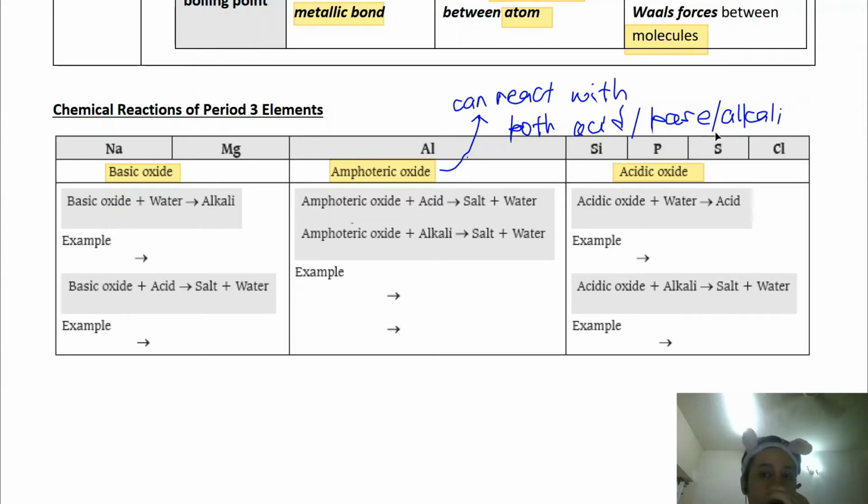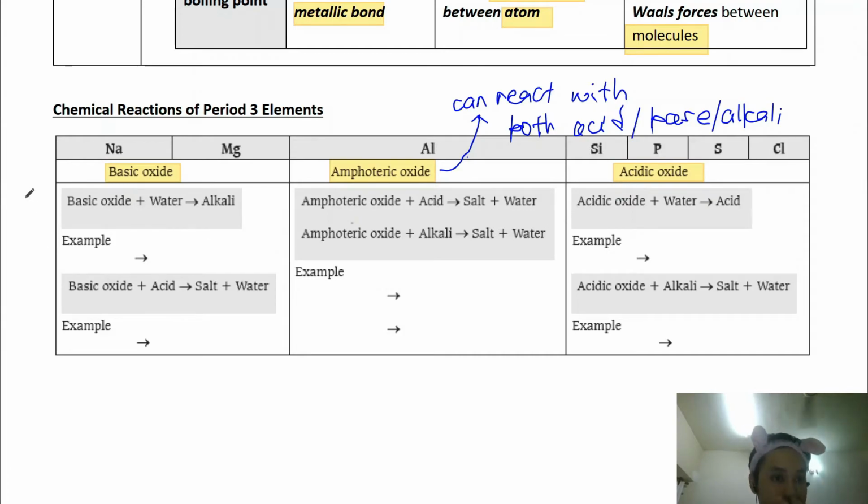Base and alkali are almost the same thing. So the first thing you need to know is which ones are basic oxides and which ones are acidic oxides. Only one is amphoteric, which is aluminium oxide. If you are a basic oxide, meaning you can react with acids. If you are an acidic oxide, meaning you can react with alkali.